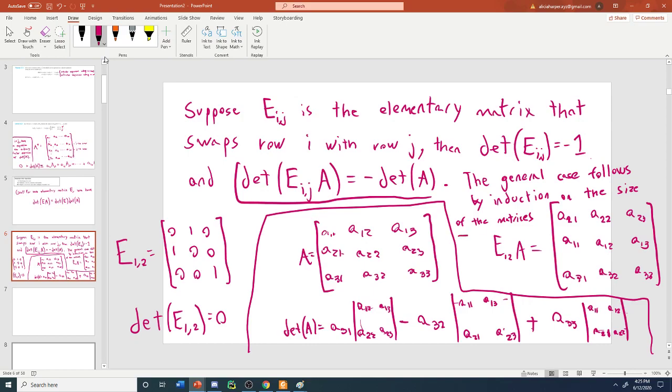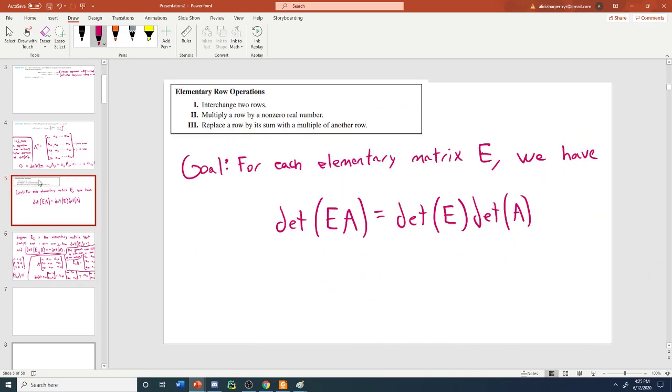Okay. So that takes care of row operations of type 1. The next one we want to look at is row operations of type 2.